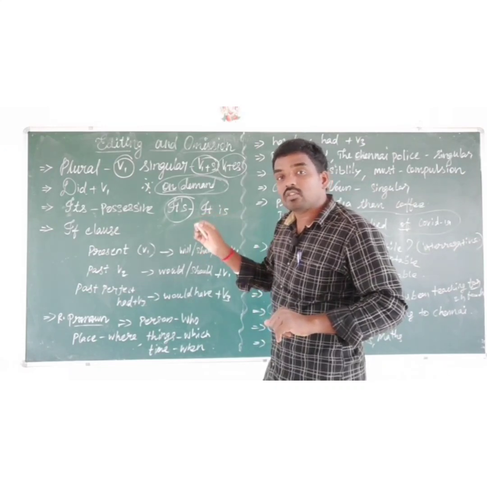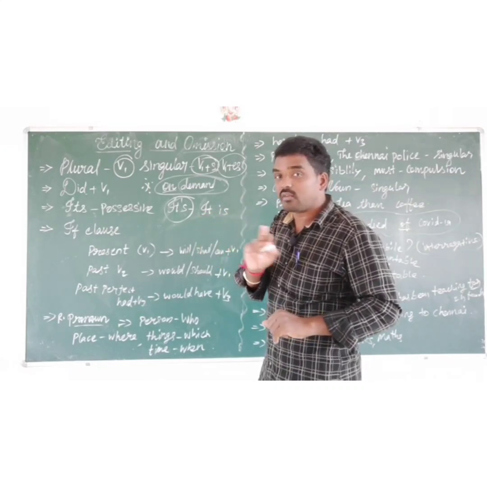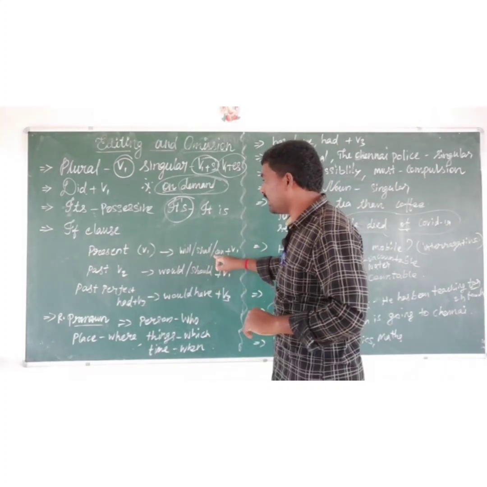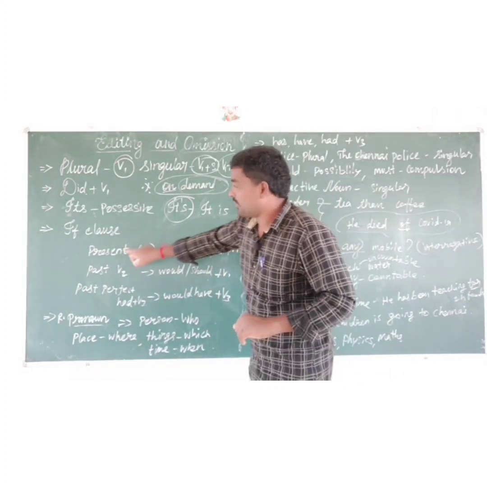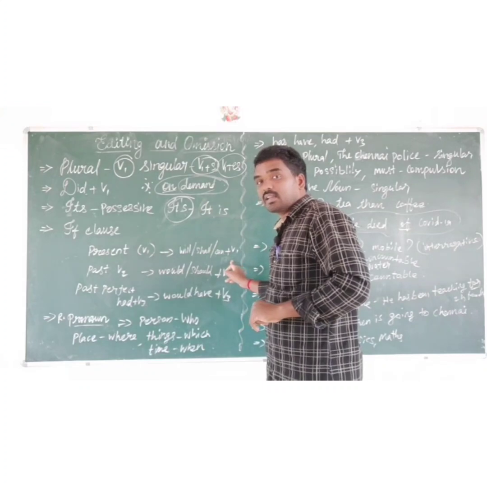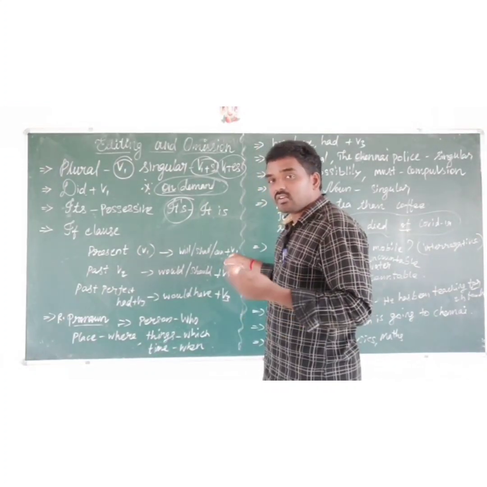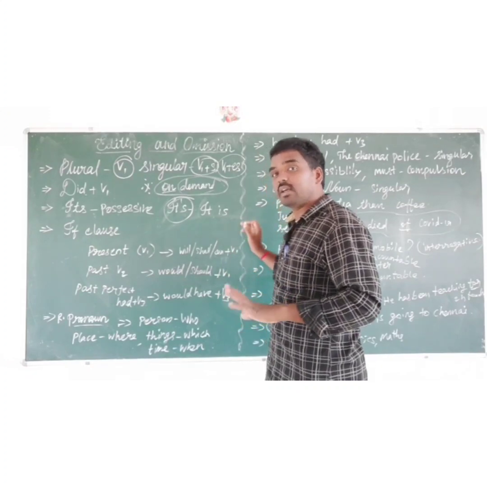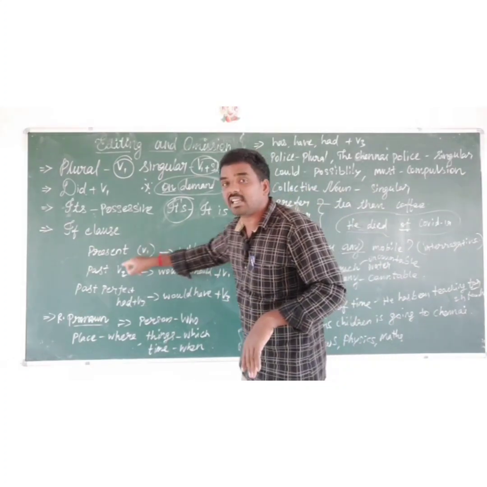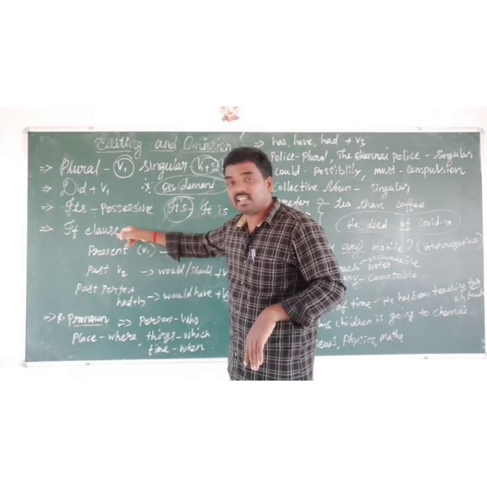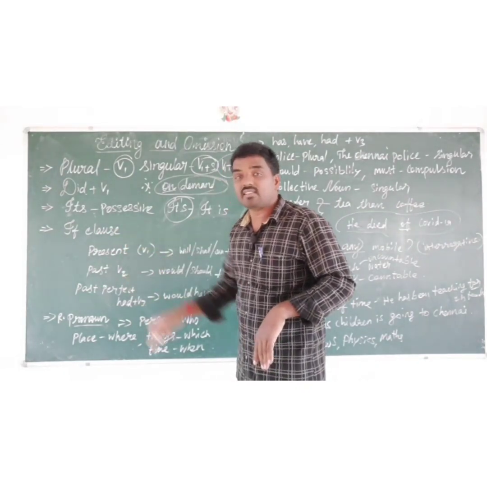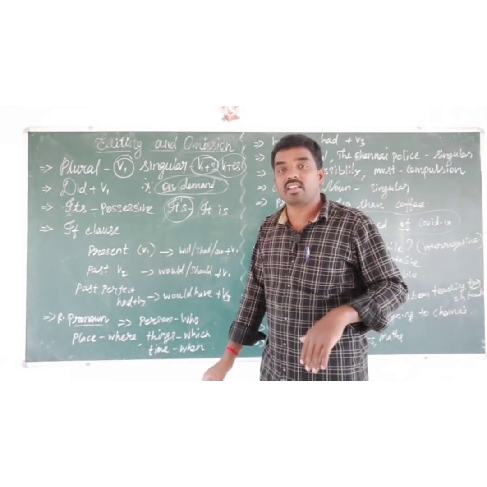Okay, after 2 also we want to use verb 1, not verb 2 or verb 3. So in the first type, the first part is present tense, and the second part is will, shall, can, may plus verb 1. Then the second type of if clause is past tense. How do we find the past tense?